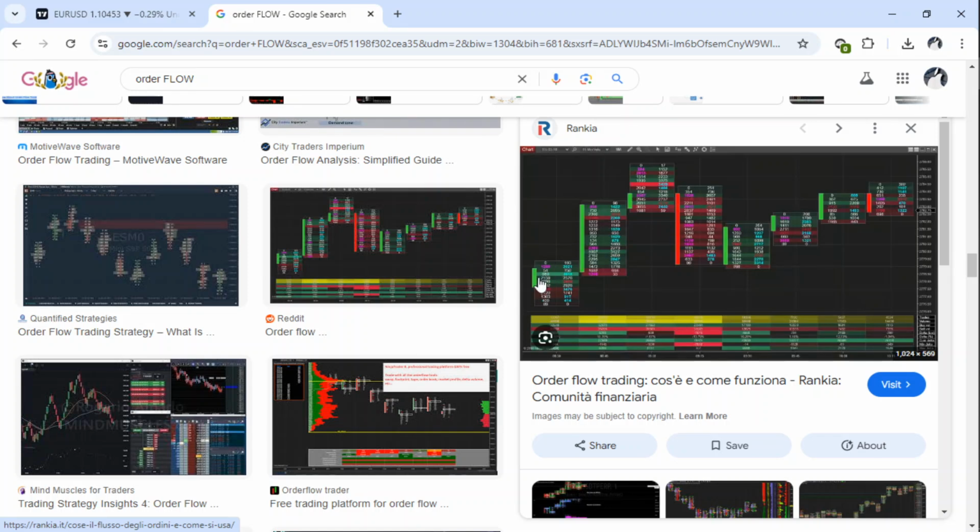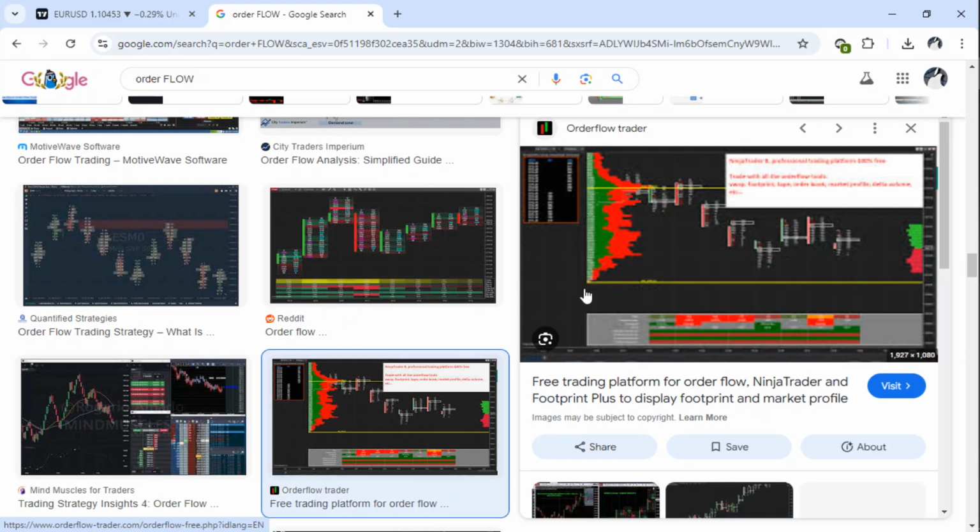As you can see, candles are drawn from this order book in a certain time frame. If buys are more, you will see a blue candle being printed, or a buy candle. Then when there are more sellers than buyers in the order book, a red candle is printed. So basically that is how order flow works.